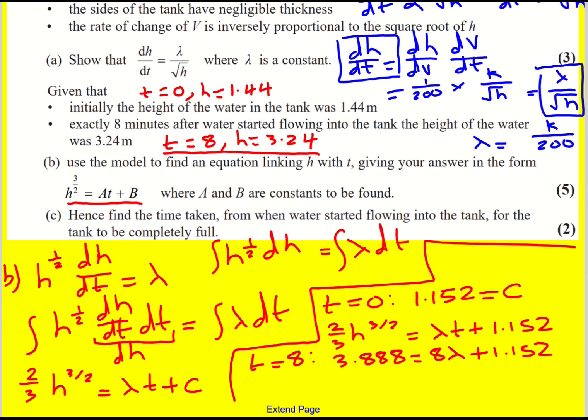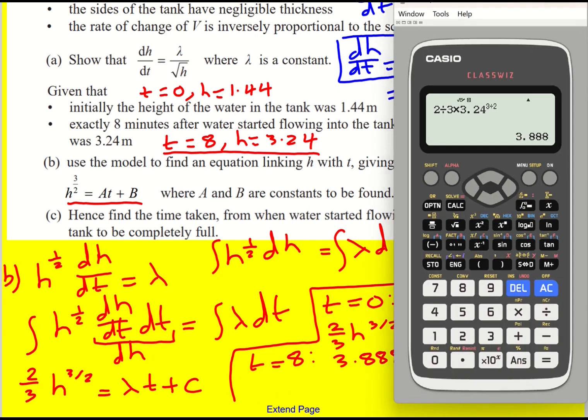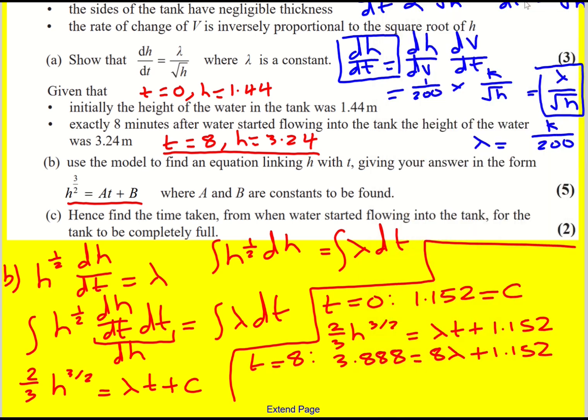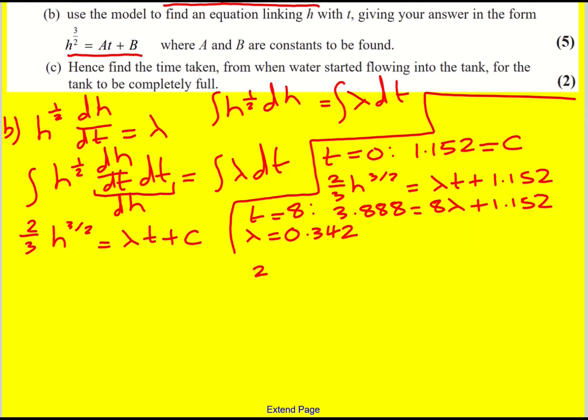Of course, then I can subtract and divide by 8, which gives me 0.342. And hence, I'm not quite there. Right, we've got a couple more lines. So 2/3 h to the 3 over 2 is therefore 0.342t plus 1.152.